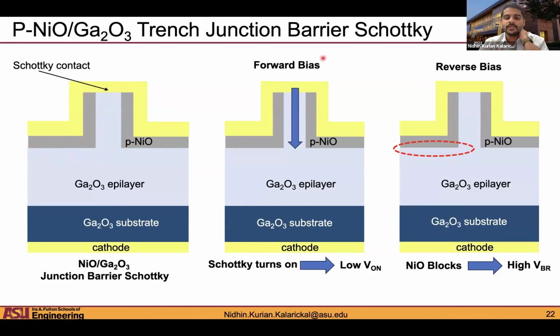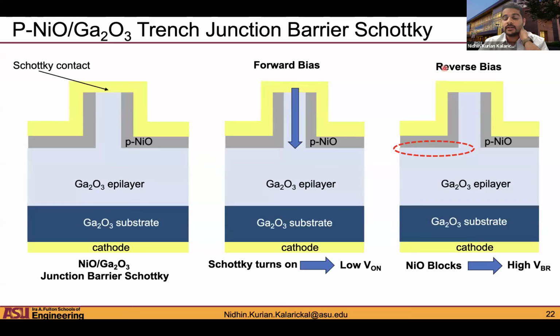And the advantage of this is, when you forward bias the device, both the heterojunction and the Schottky junction are forward biased. But since the Schottky junction has a much lower turn-on voltage, the Schottky will turn on first and will determine the current in the device.